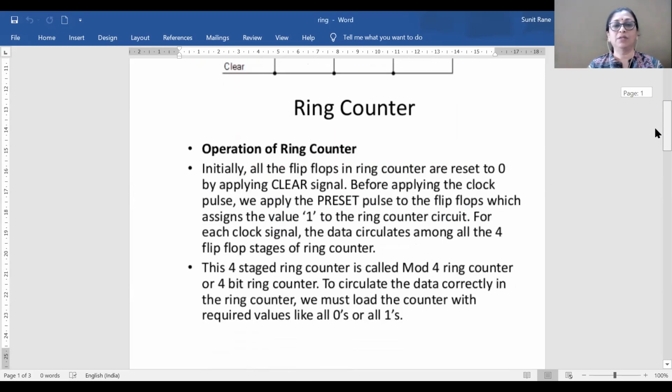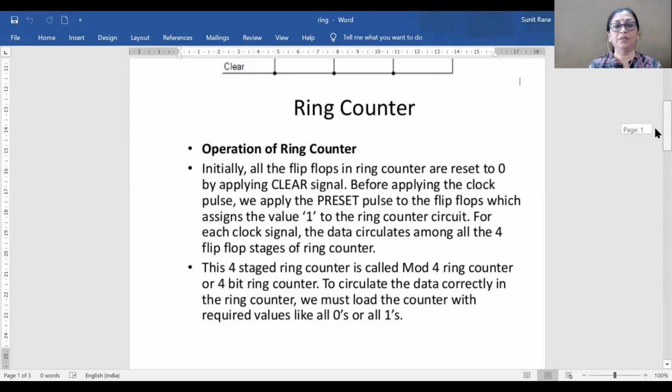So initially, all flip-flops in the ring counter are reset to 0. And how is this done? This is done by applying the clear signal to all the flip-flops. Okay. Now, before applying the clock pulse, we have to apply logic 1 to the ring counter for each clock signal.